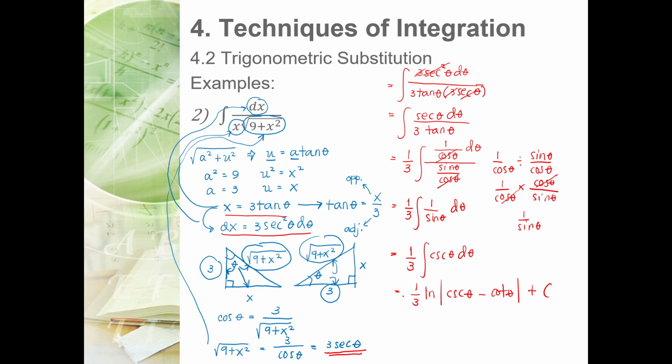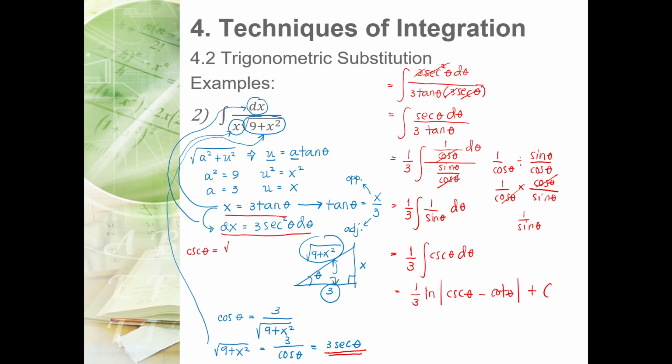Alright. So since this is not yet the final answer, again we go back to the right triangle and identify the cosecant function and the cotangent function. So let's try to erase one triangle. So if we try to determine cosecant theta, again that's hypotenuse all over the opposite side.